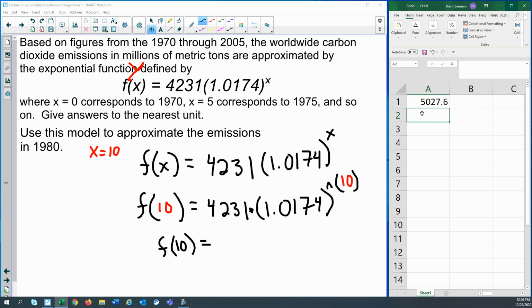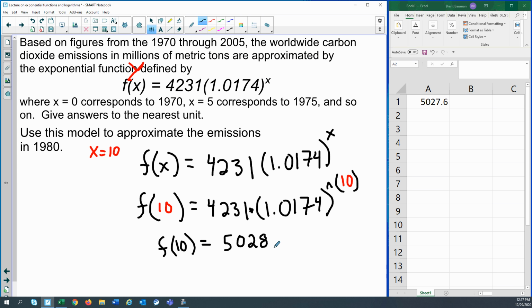So it is giving us 5,027.6, and this is dealing with the carbon dioxide emissions in millions of metric tons. It's asking for the nearest unit, so we're going to round to the ones place, so 5,028. And this again would be the carbon dioxide emissions in millions of metric tons.